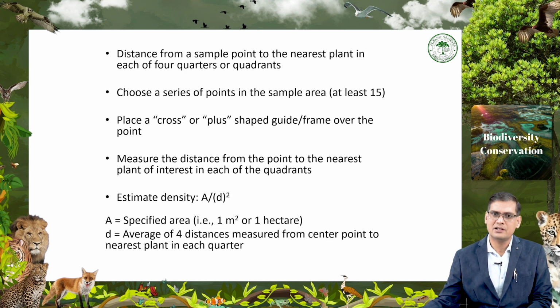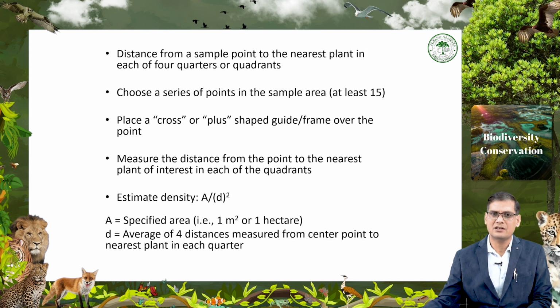After reaching a sampling point, place a cross or plus shaped guide or frame over the sampling point to create 4 quarters or quadrants at each sampling point. Then measure the distance from the point to the nearest plant of interest in each of the quadrants.